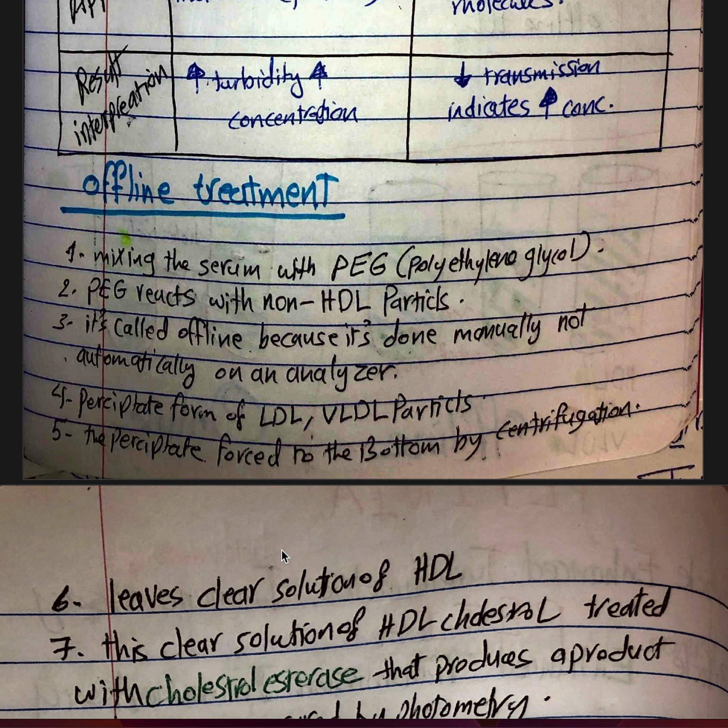So we bring the serum, and then mix it with the polyethylene glycol. Then the polyethylene glycol reacts with every particle that is present in this sample except the high density lipoproteins. It doesn't react with the high density lipoproteins. It reacts with everything else other than high density lipoproteins.